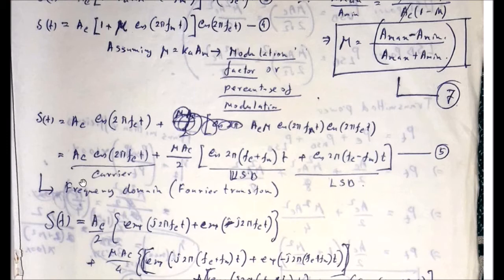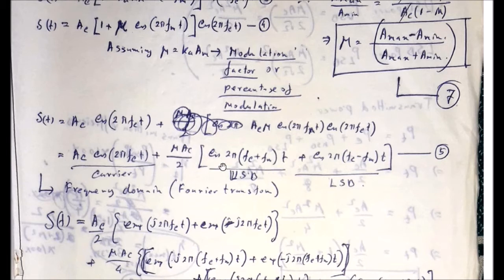So what are the different components of the amplitude modulated waveform, which can be clearly viewed from this equation number 5. See that it is the unchanged carrier. Simply c(t) is this. The next term has some scaling factor.